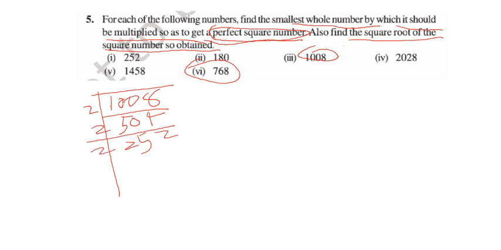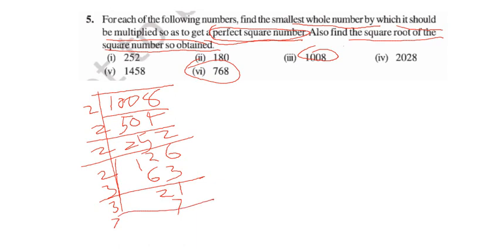Divide by 2 again, it becomes 126. Divide by 2 again, it becomes 63. Now you cannot divide by 2, so divide by 3. So 21, again divide by 3, 7, and if you divide by 7, it becomes 1.